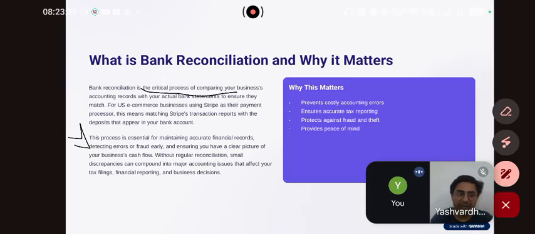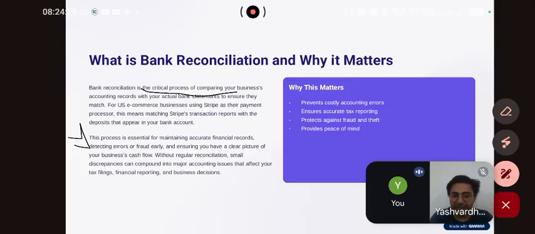Now, a Stripe database is generally used by US e-commerce. What is Stripe? Stripe is nothing but a payment platform that helps all types of businesses accept payments, build flexible billing models, and manage money movement.